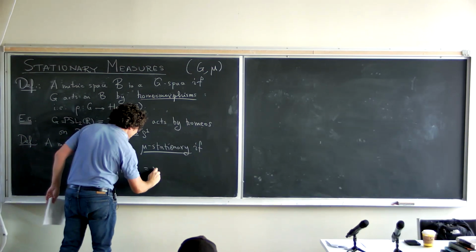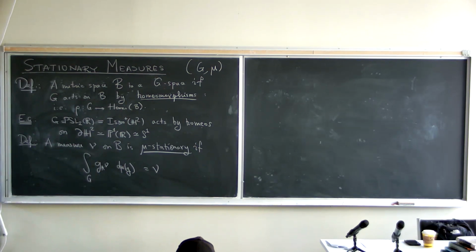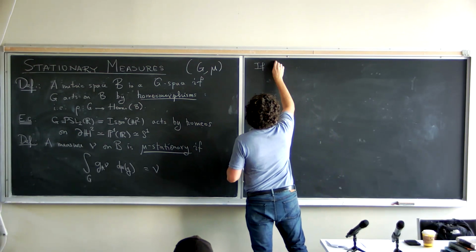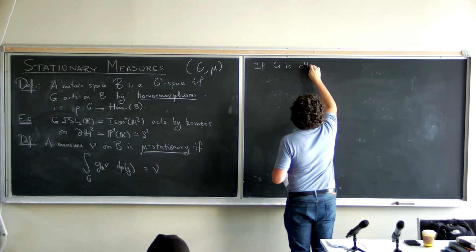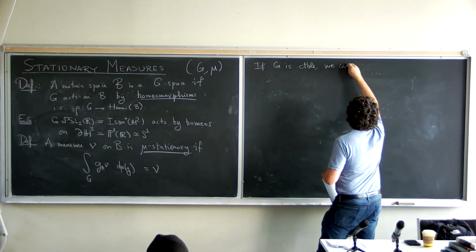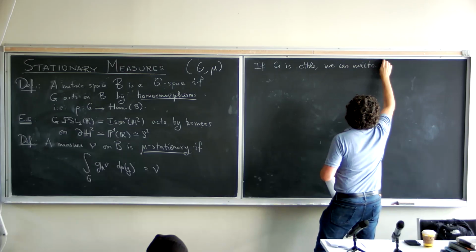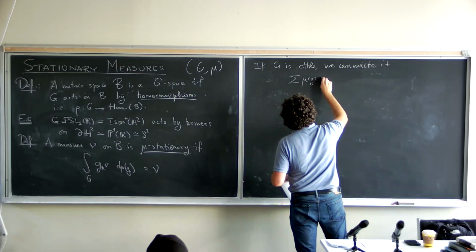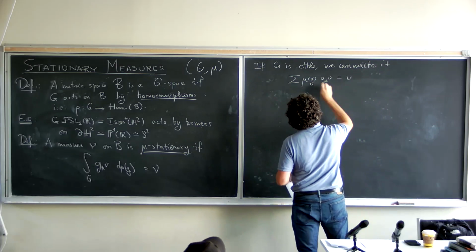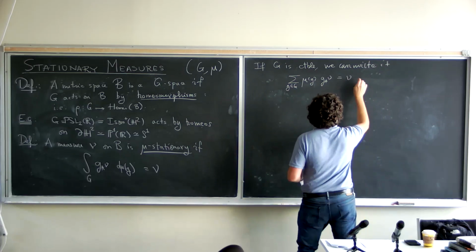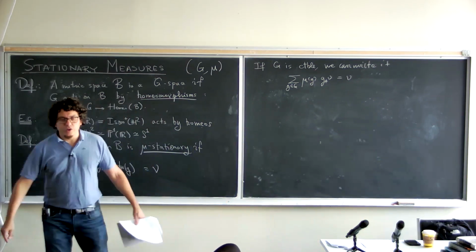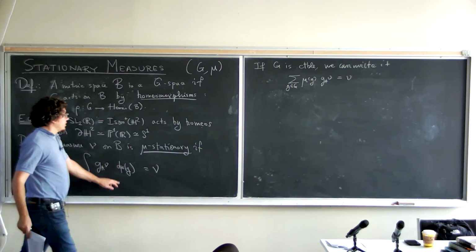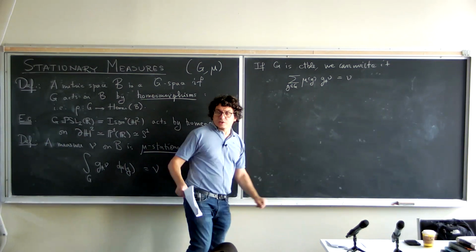And if G is countable, we can write it as the sum over g of mu of g times g star nu equals nu, just because the integral becomes a sum, because the measure has countably many weights.